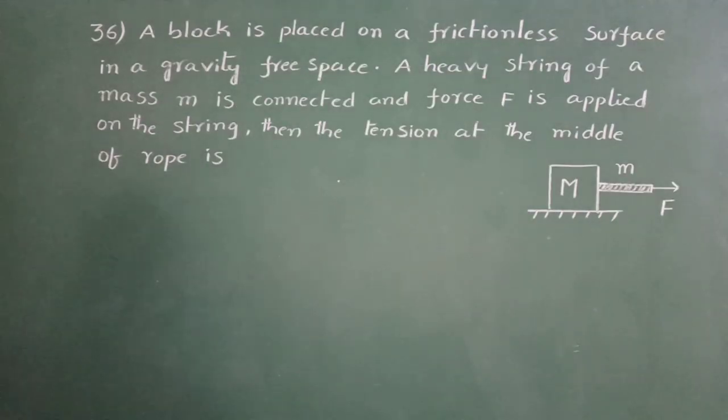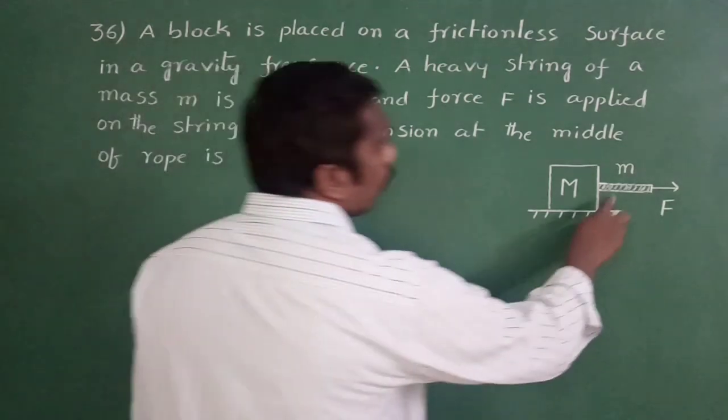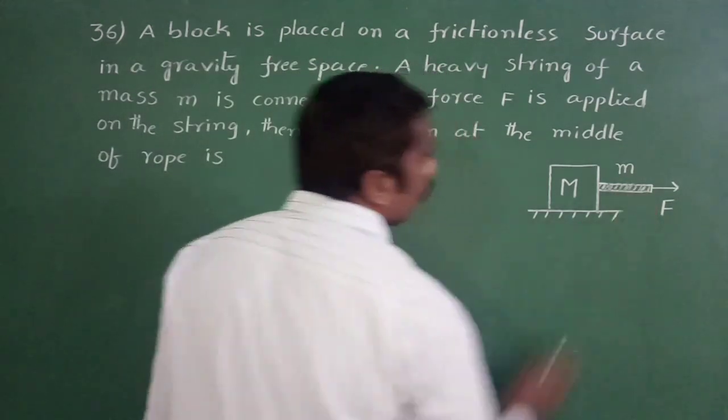Next problem. A block is placed on a frictionless surface in gravity-free space. A heavy string of mass M is connected and force F is applied on the string. Then the tension at the middle of the rope is, here rope and string both are the same. We have to calculate the tension at the middle of the rope, at this point.